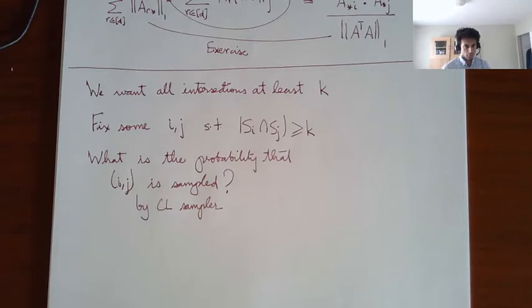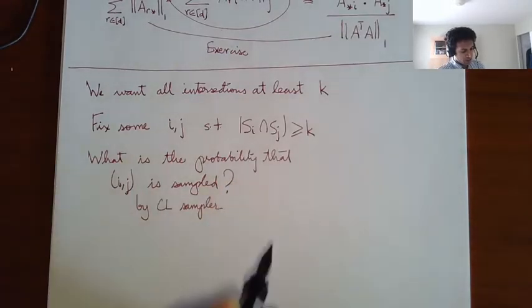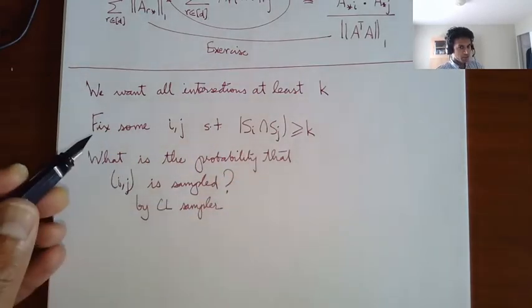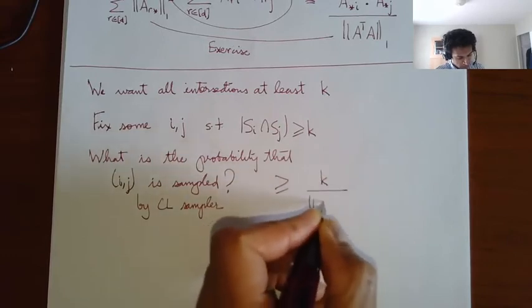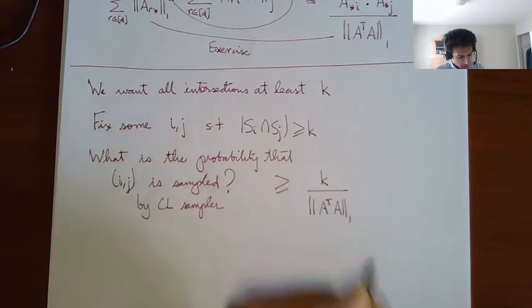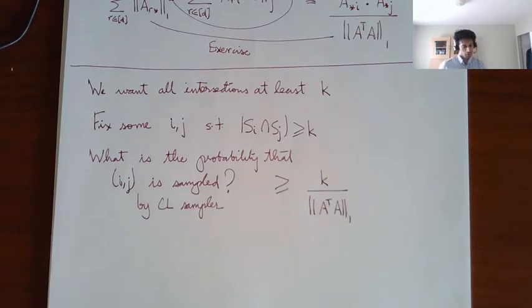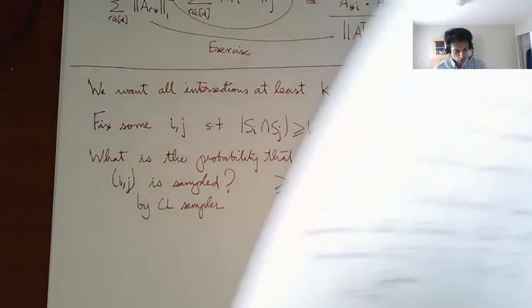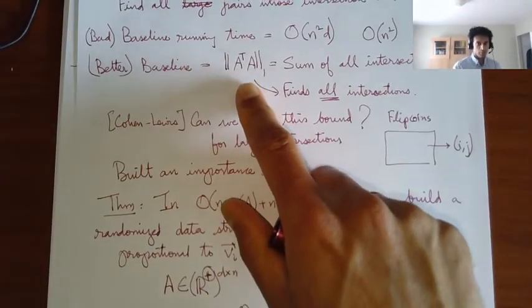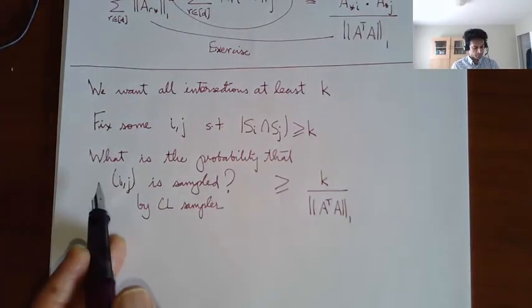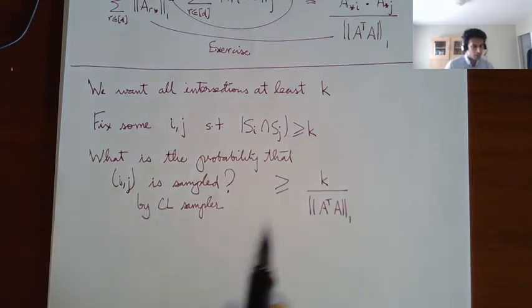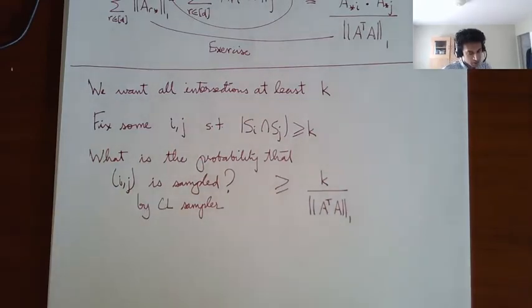It's the size of the intersection divided by the sum of the sizes of all the intersections. That's right. And we said the size of the intersection is at least k, since I fixed some ij. So this is at least k divided by the 1-norm of A transpose A. This is what we argued. Remember, I said that the baseline algorithm is essentially the A transpose A 1-norm, and I want to beat this baseline. So the probability that ij is sampled is at least this.